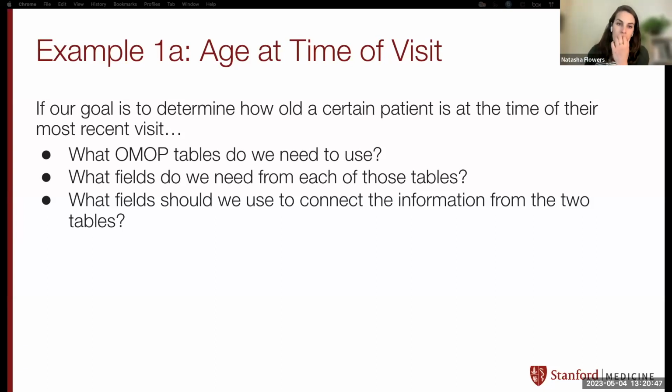There we go. If everyone can click on that link in the chat, or if you already know, that's fine too, and go through and figure out specifically what tables we are going to need to answer this question, and then what fields we are going to need from each of these tables. I'll give everyone a minute or two, and then we can see what people come up with.